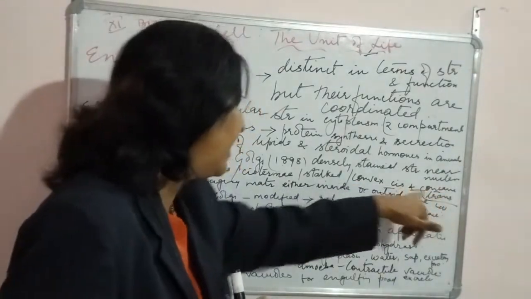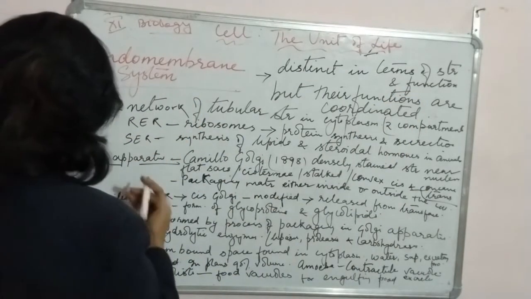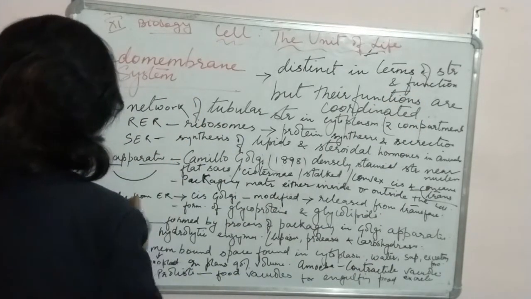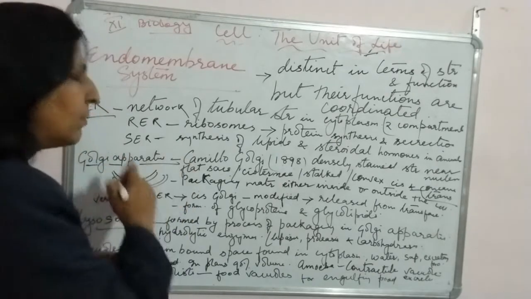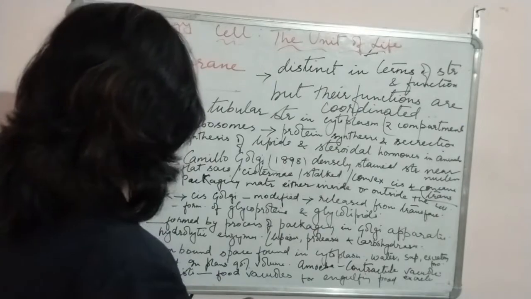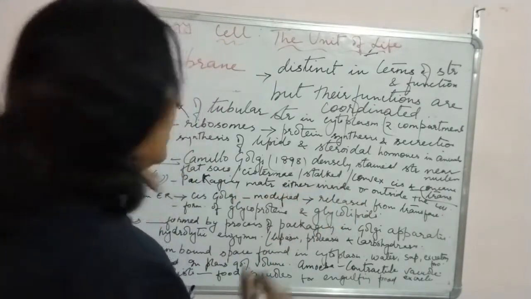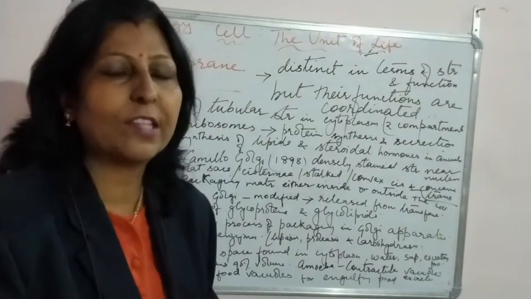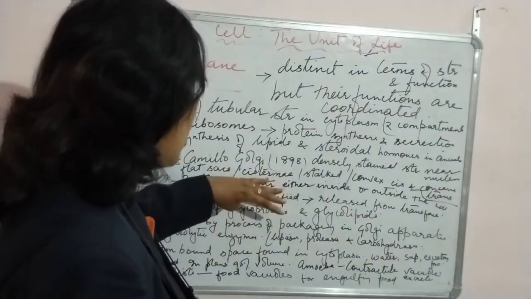And the concave face, it is a structure like this, which goes on getting stacked. This is the cis face, and here will be the trans face, arranged in stacks, the way we place coins one on top of another.